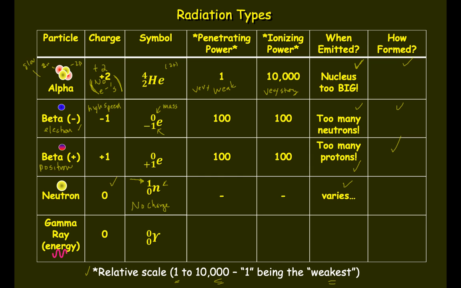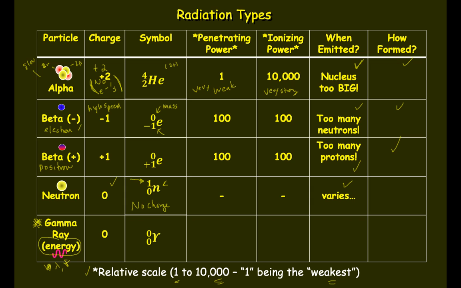And lastly, gamma rays are, in a way, going to be energy. Don't forget this. This is a very common thing that people make mistakes on: gamma rays are not particles. The first few are particles. This is energy. It's an energy wave, so it has a wavelength and it has a frequency, your f and your lambda.